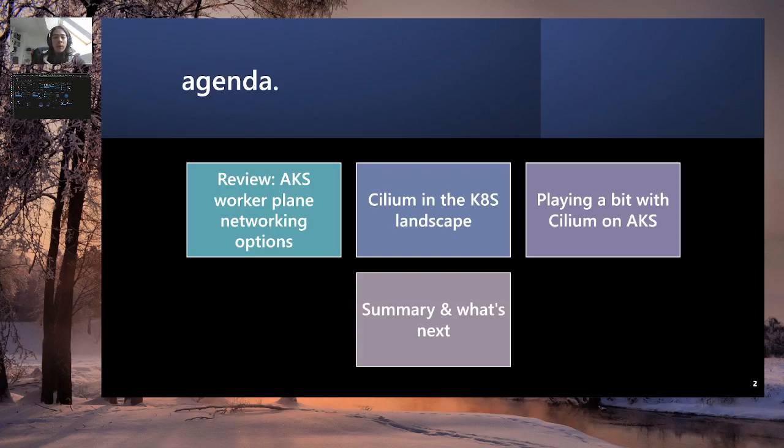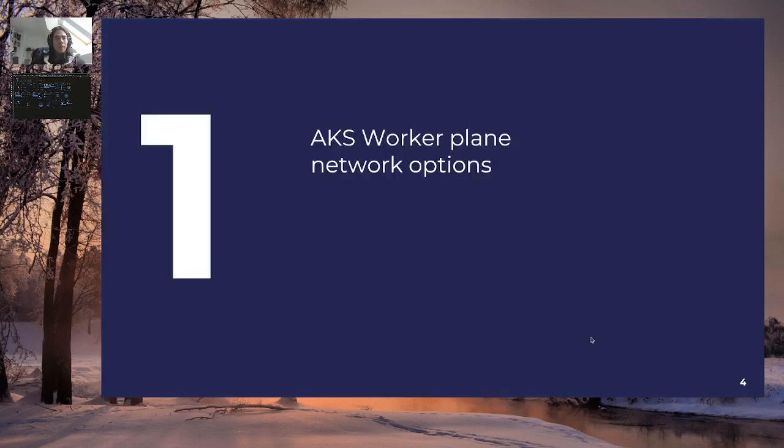And then we'll play a bit with Cilium on an AKS cluster, focusing on some network features rather than others, because we have to make some choices and we don't want to spend too much time together anyway. Before the end, we'll summarize what we discussed and talk about what we could do with Cilium afterward.